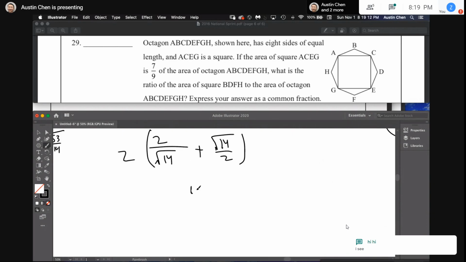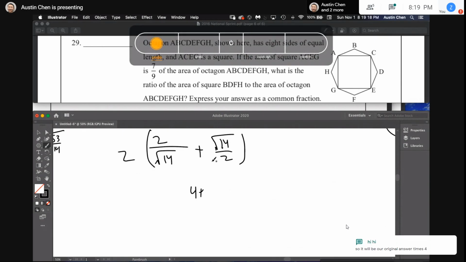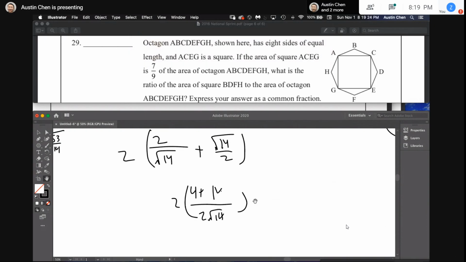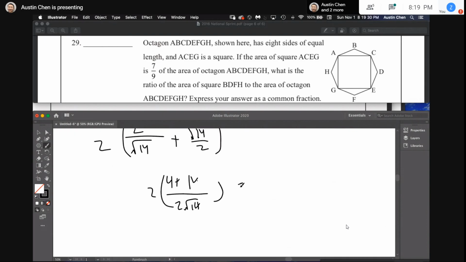So this is what? This is 4 plus 2 root 14 over... No. This is 4 plus 14 over 2 root 14 times 2. Yeah. So this 2 should be our original answer times 4. I'll just do it all again though.